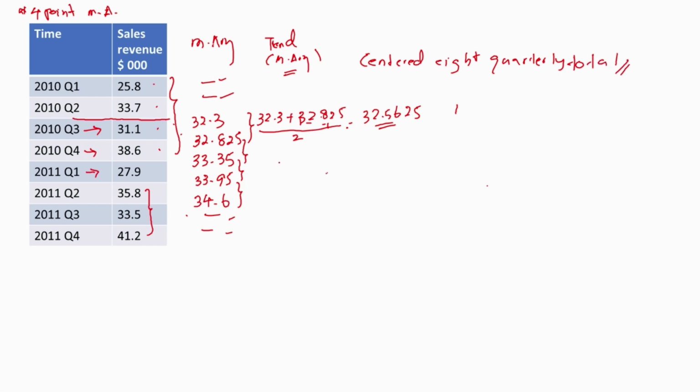Also in this technique we can calculate the seasonal variations. For the additive model, we can calculate the variation by taking the difference between the actual value and the trend value. So the variance equals actual value minus trend value.